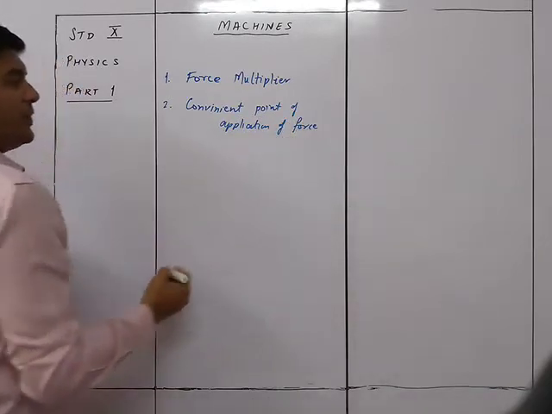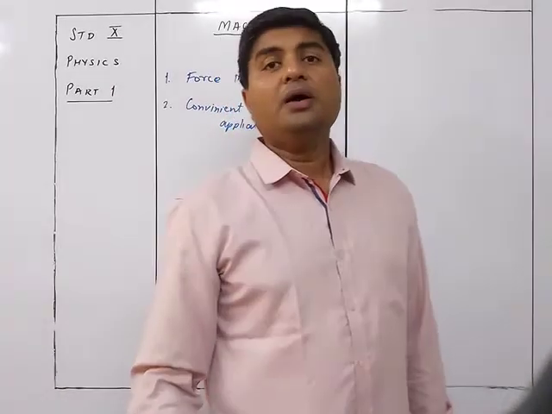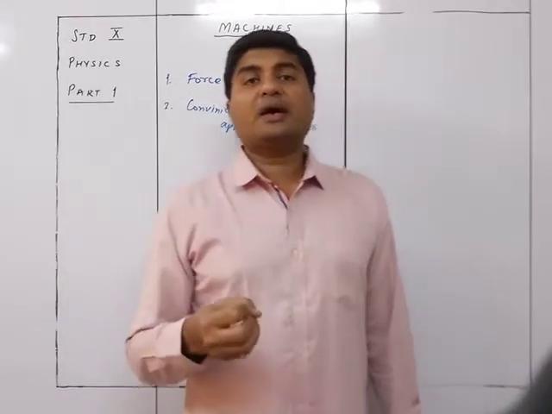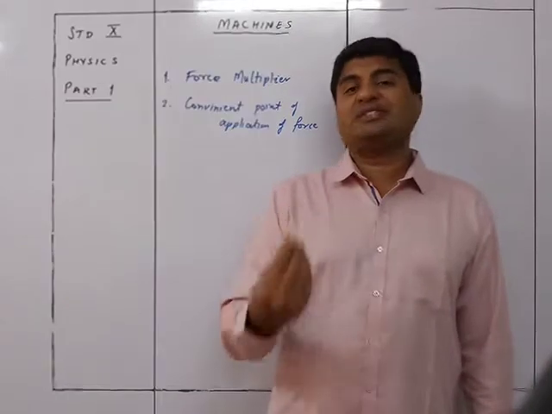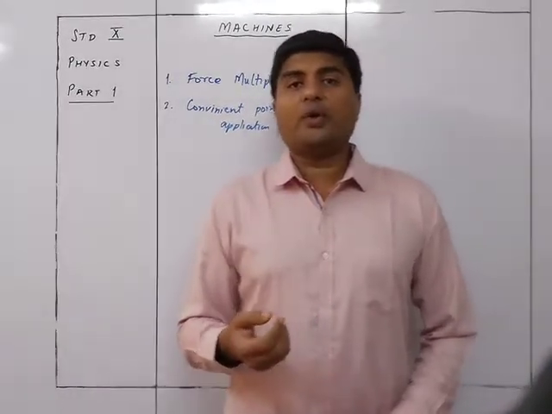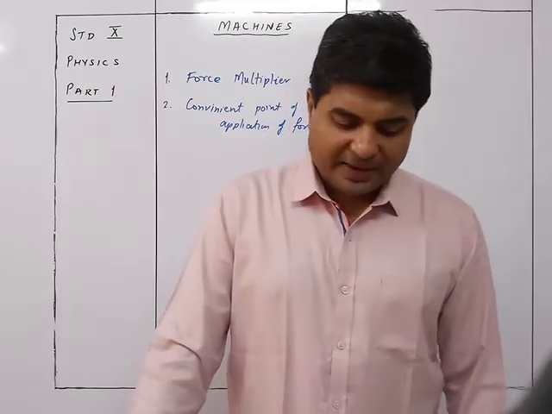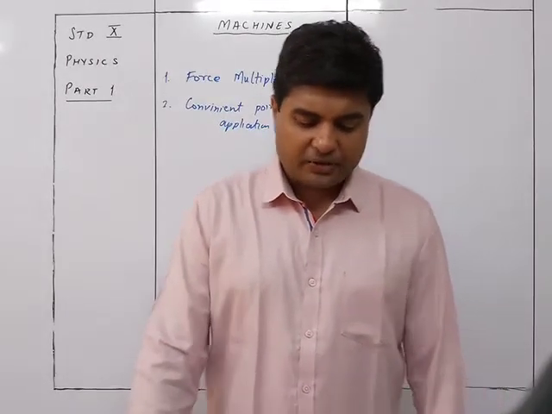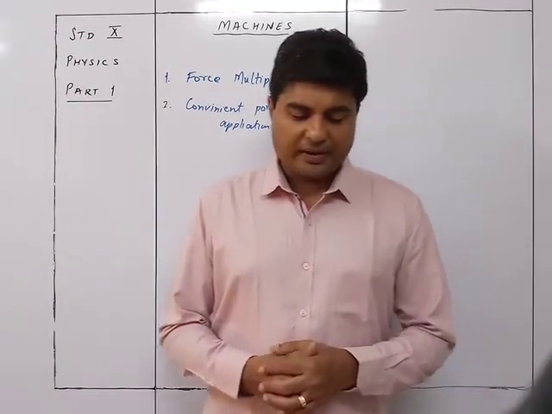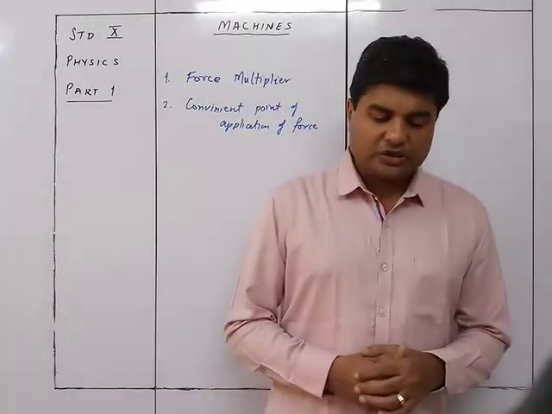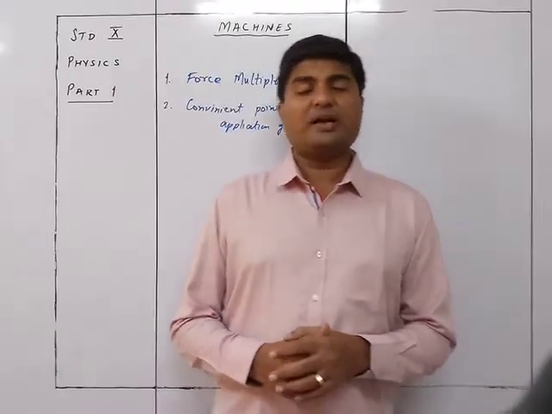The force we are applying, if we are able to apply it in a convenient manner, then the machine helps you change the way you apply the force. For example, the rear wheel of the bicycle is rotated by applying the effort on the pedal attached to the tooth wheel, which is attached to the rear wheel with the help of a chain. The point of application of the effort is changed from the pedal to the rear wheel. You can understand it this way.